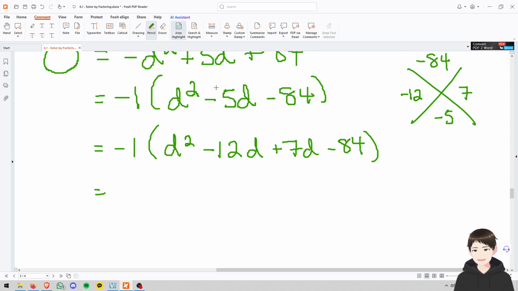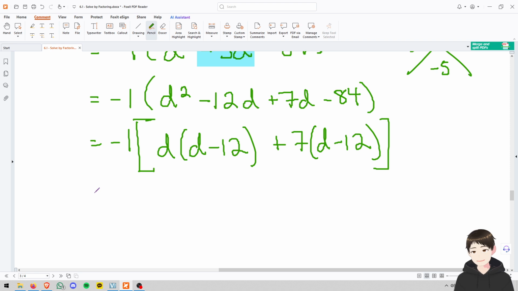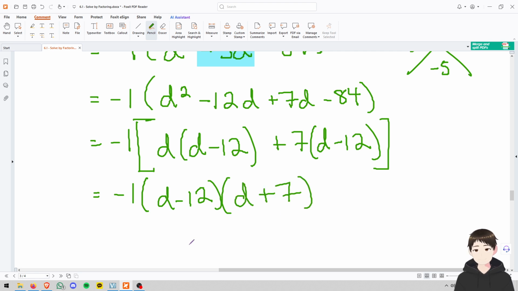I will take the middle term, break it apart into the two, and if I group factor, I get d times (d minus 12), plus 7 times (d minus 12). You try that. I am moving a little fast here because I am a bit short on time because my child is sick. So, d minus 12, I apologize, d plus 7. And there it is.